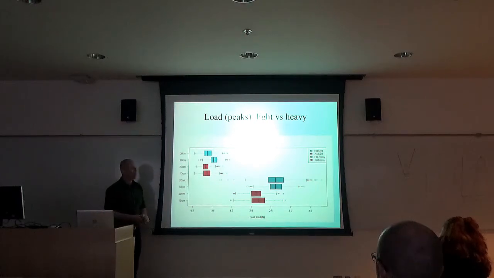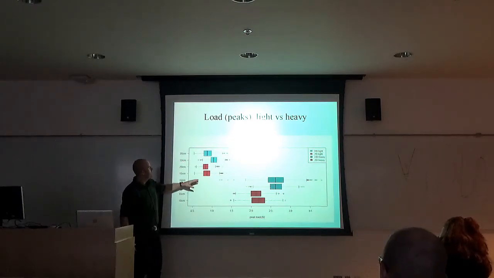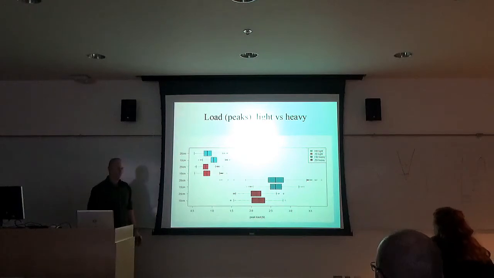I should say the way I define light and heavy: light is enough pressure to draw a clear line. Heavy is just so much pressure that I'm not breaking the lead. So here, especially on the 10 centimeter stroke, you could see I was able to back off more and get a clear line with less effort. This has some interesting questions that it raises later on.